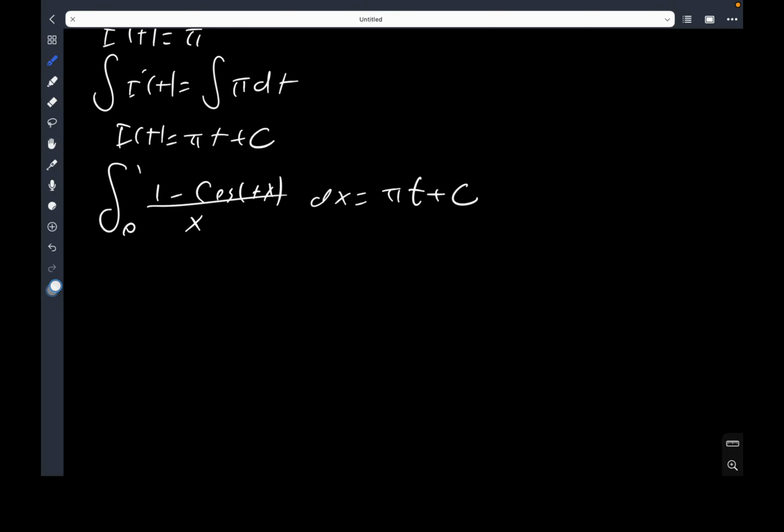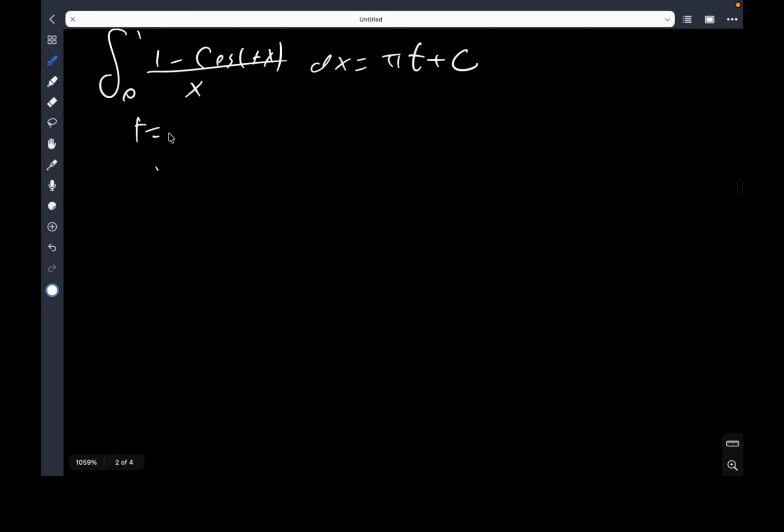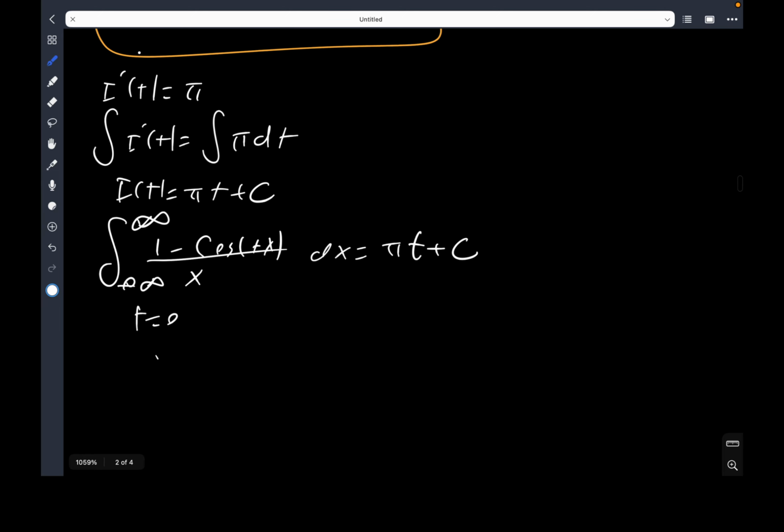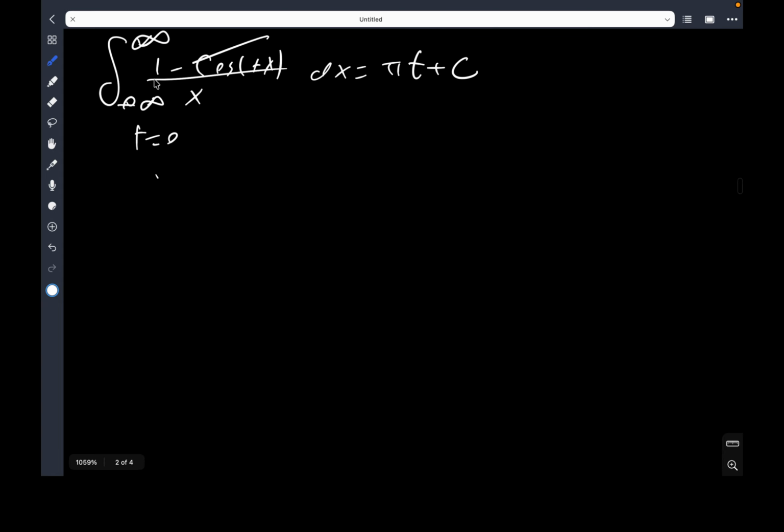And if I let t be equal to 0, cosine of 0 is 1, 1 minus 1 is 0, and the definite integral of 0 is 0. Thus this term is 0, and pi times 0 is 0, thus c equals 0.